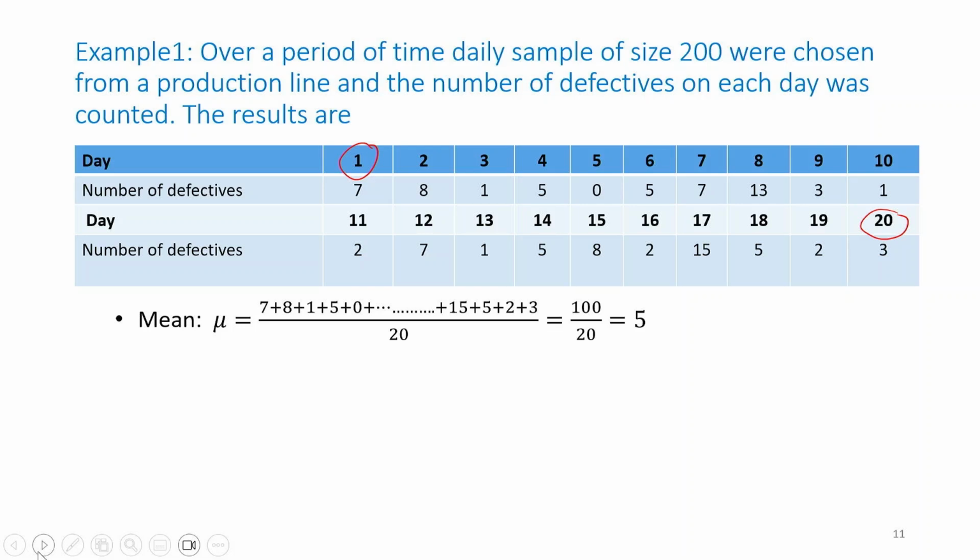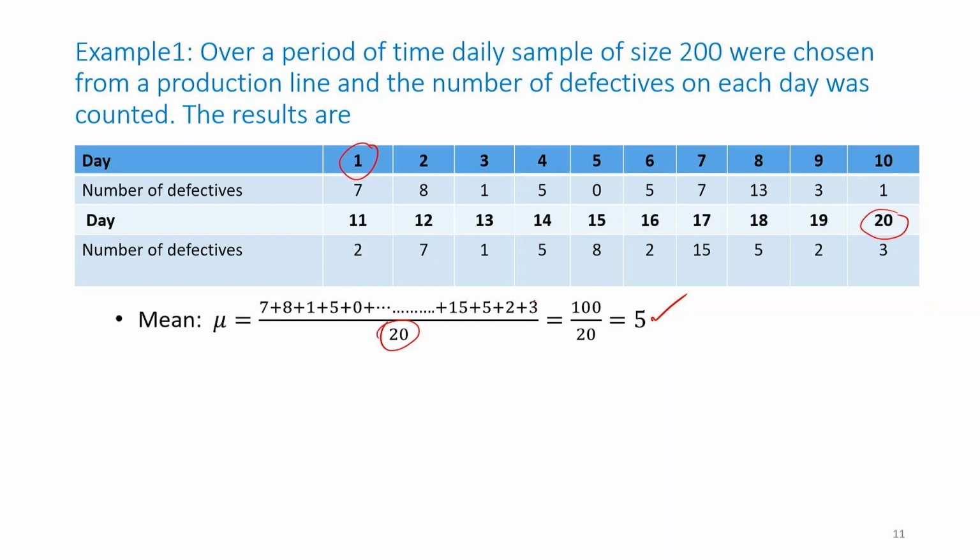You simply add all those defect numbers, and how many days? 20 days. So I divide by 20, and I get the figure 5. So 5 is the average number of defects produced per day. That is the mean value of defects produced per day. It is 5.